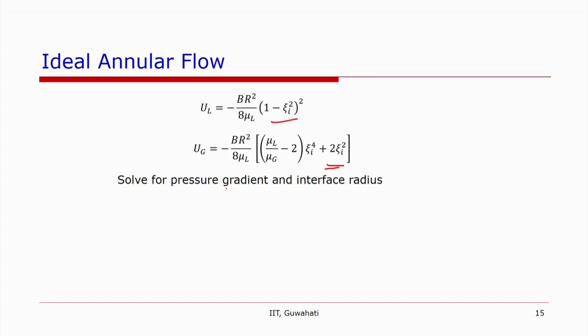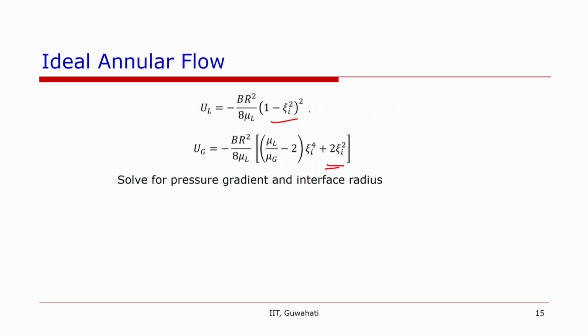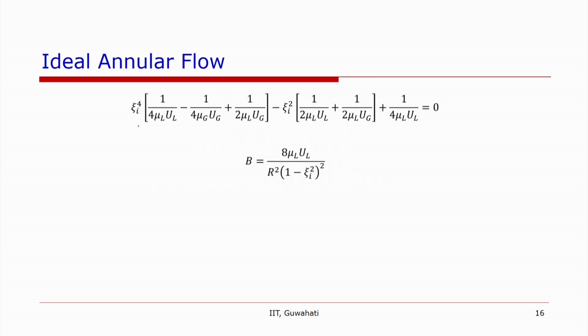And now when we solve for pressure gradient and interfacial radius, we can rearrange these two equations in such a manner that it becomes a quadratic equation in psi I squared, where psi I is equal to Ri by capital R. Okay, sorry, this is not sigma, this is psi. So once we solve that, we can obtain psi I squared, and from that we can obtain the roots of it.